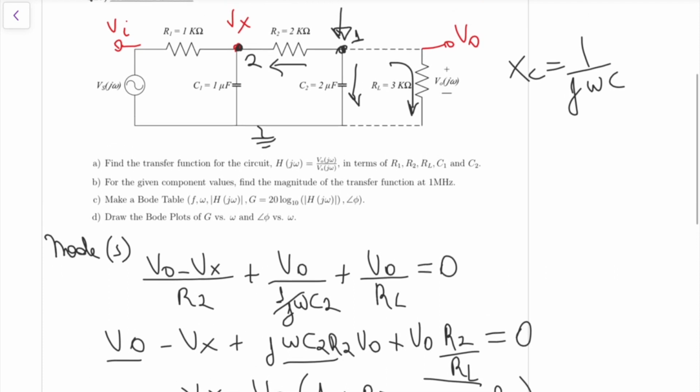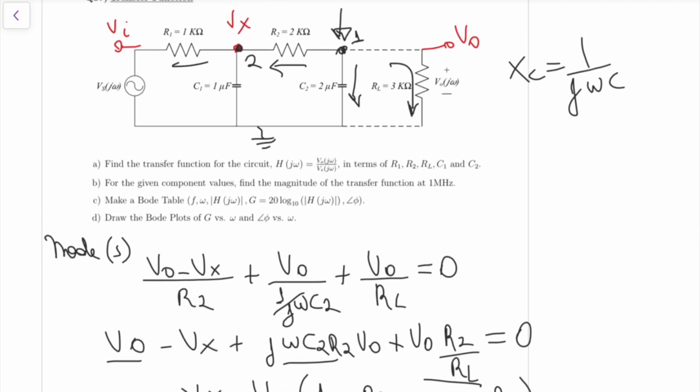Now let's analyze the node 2. For node 2, we have a current flowing here, a current flowing here, and a current flowing here, right?